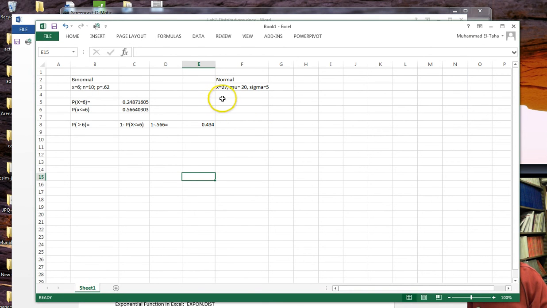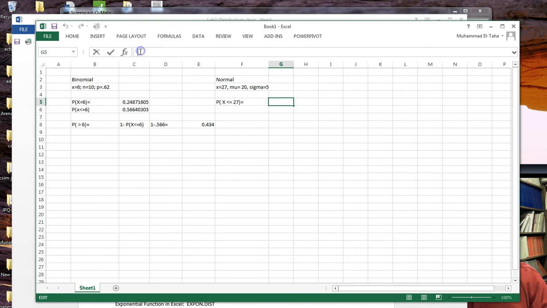And the first one, let's say I want the probability of x less than or equal to 27 as I have here.